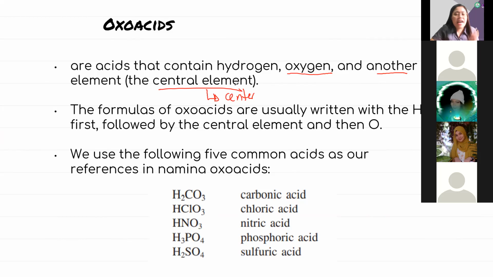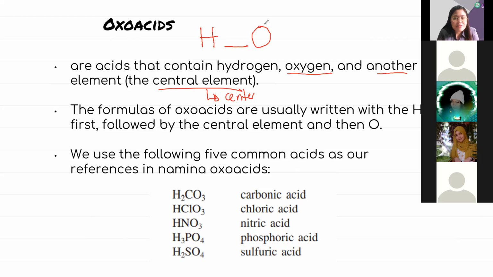So oxoacids have three elements. It will always start with hydrogen, then a central element, and it always ends with oxygen. That's the formula for oxoacids.